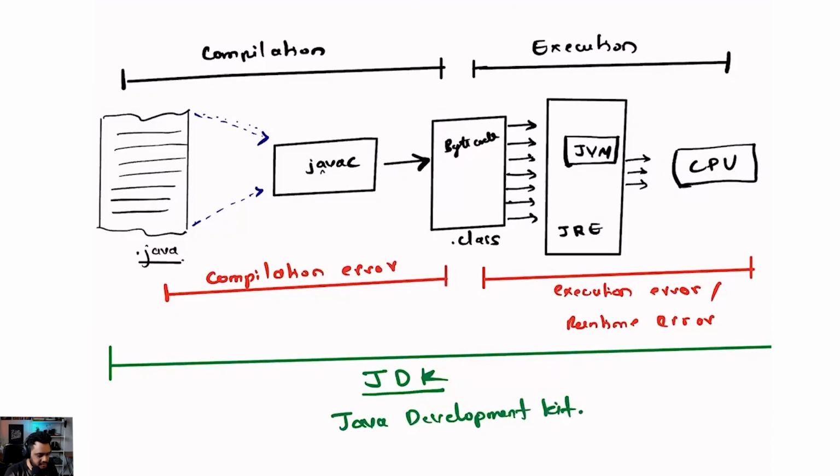So what does the Java Development Kit have? It has this fellow, javac, small j, and it has JVM and JRE. All of these components are packed inside the Java Development Kit. Understood?